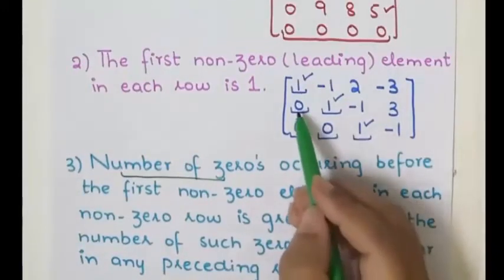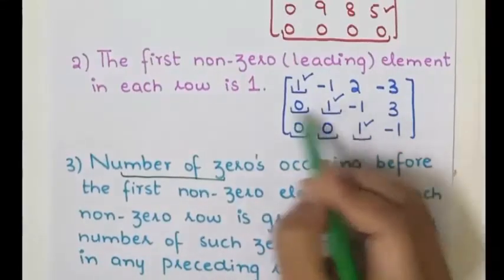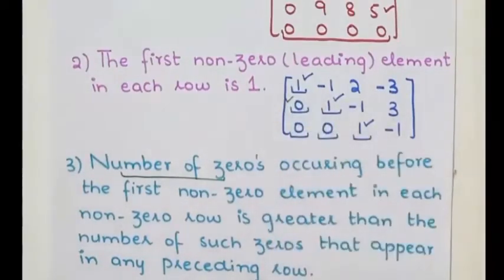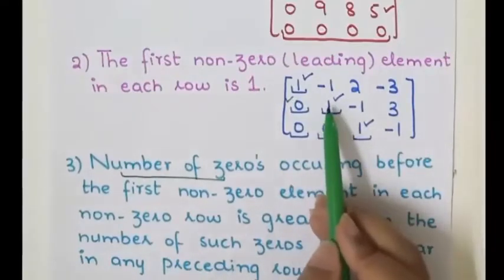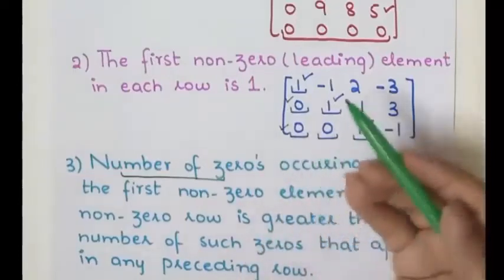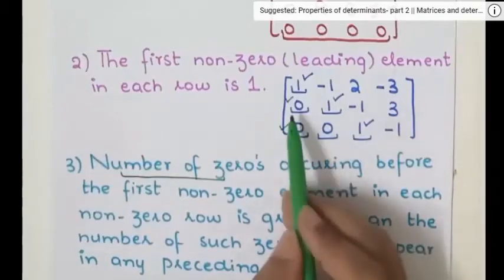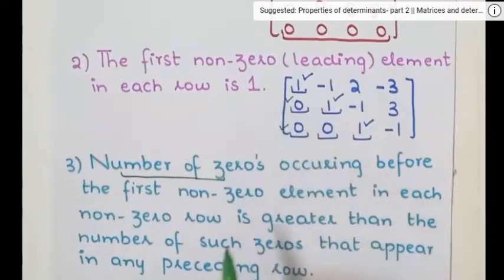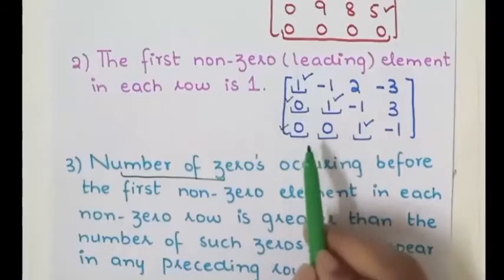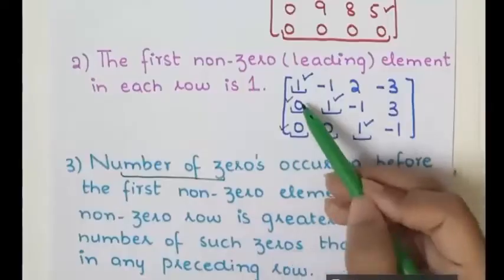So the number of 0s in each non-zero row is greater than the number of such zeros that appear in any preceding row. It means if this row has 1 zero before the first non-zero element, the other row will have more zeros than this preceding row. As you can see, this row has 1 zero and this row has 2 zeros. So we can say that this row has more zeros than the preceding.